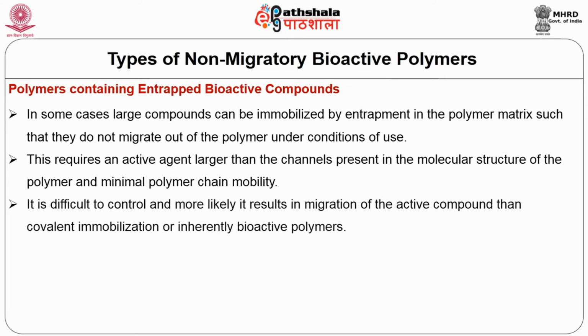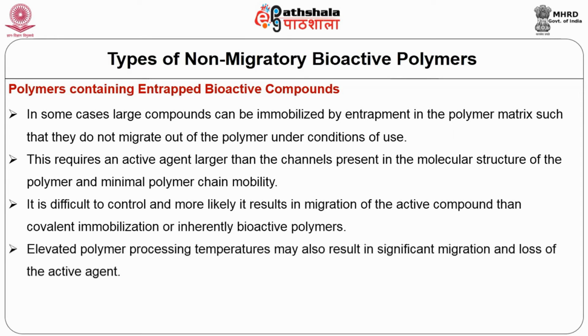This strategy is difficult to control and more likely to result in migration of the active compound than covalent immobilization or inherently bioactive polymers. Elevated polymer processing temperatures may also result in significant migration and loss of active agent.